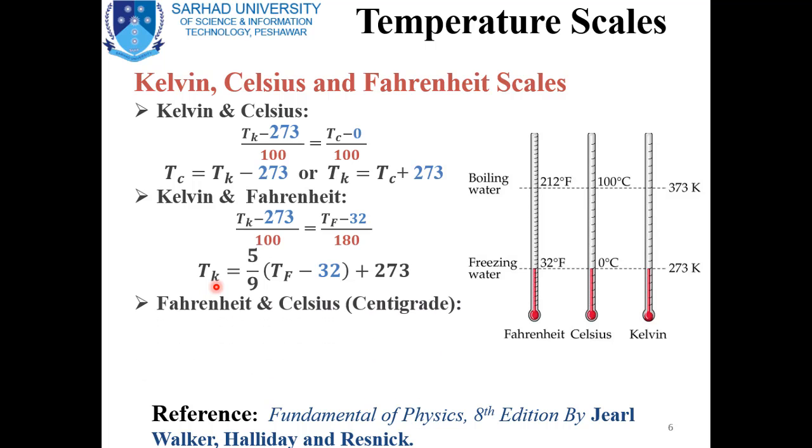if we know the temperature of a body on the Fahrenheit scale, we can convert it into the Kelvin scale temperature. Similarly, we can also derive a relation between the Fahrenheit and Celsius scales, and remember that the Celsius scale is also known as the centigrade scale.